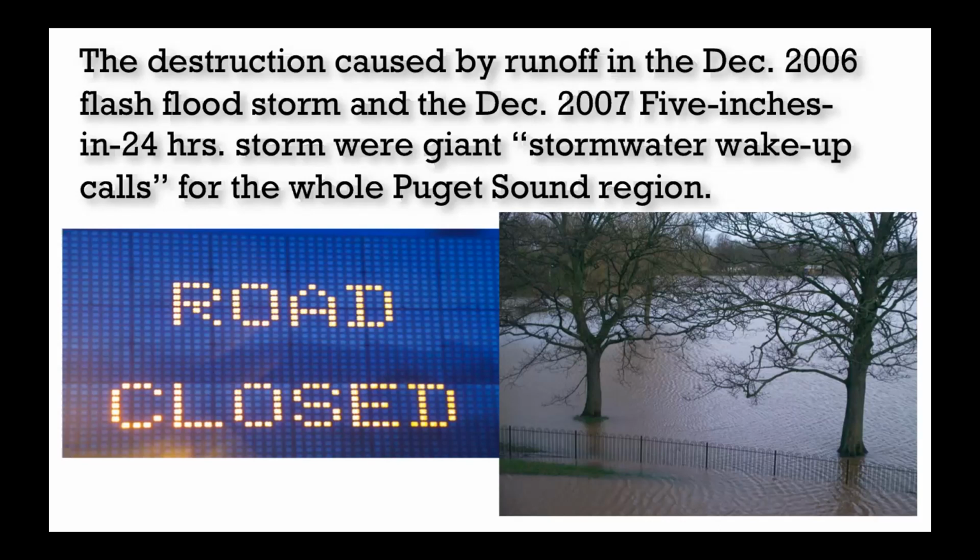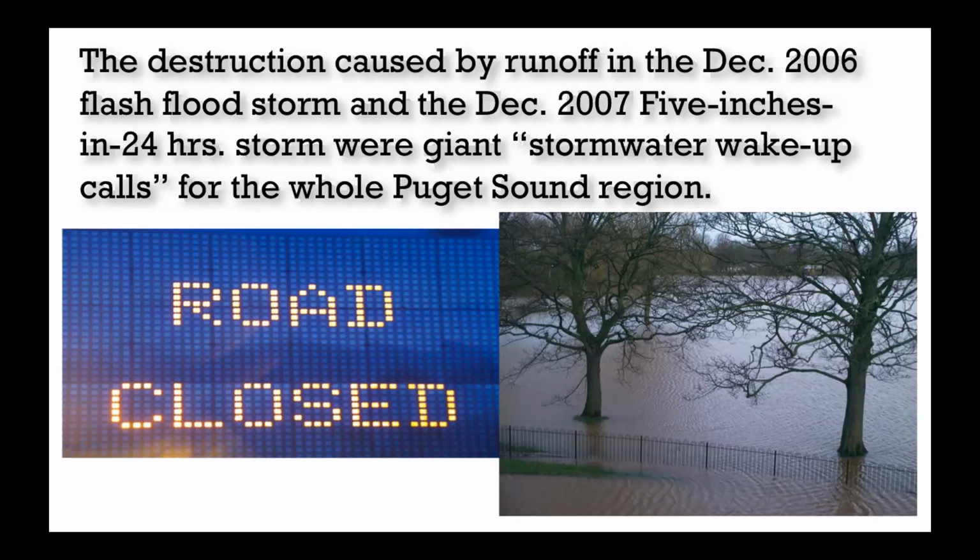And that was in December of '06, where we had this flash flood of about 3 inches of rain in about an hour. It's the only time that I can remember in the 40 some years that I've lived in the Seattle area that much rain fell that fast, and it caused a lot of flash flooding.